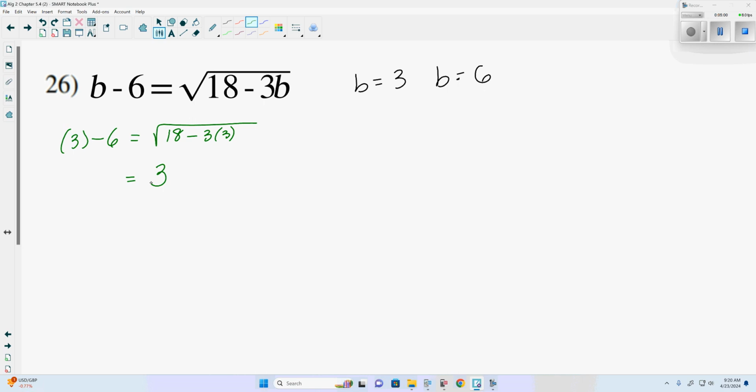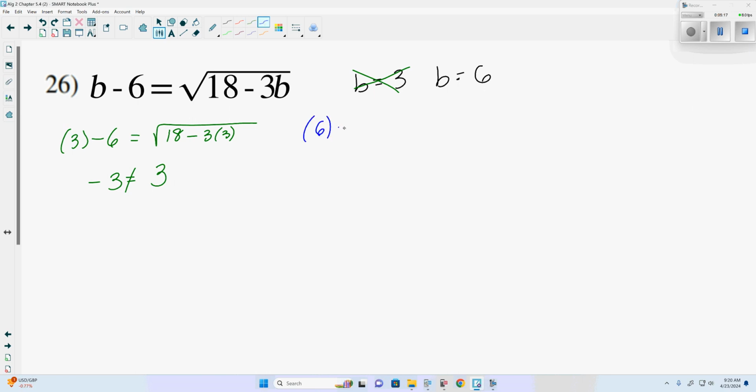On the other side, we have 3 minus 6, which is negative 3. So b is equal to 3 does not work. Even though they're both positive, b equals 3 does not work.